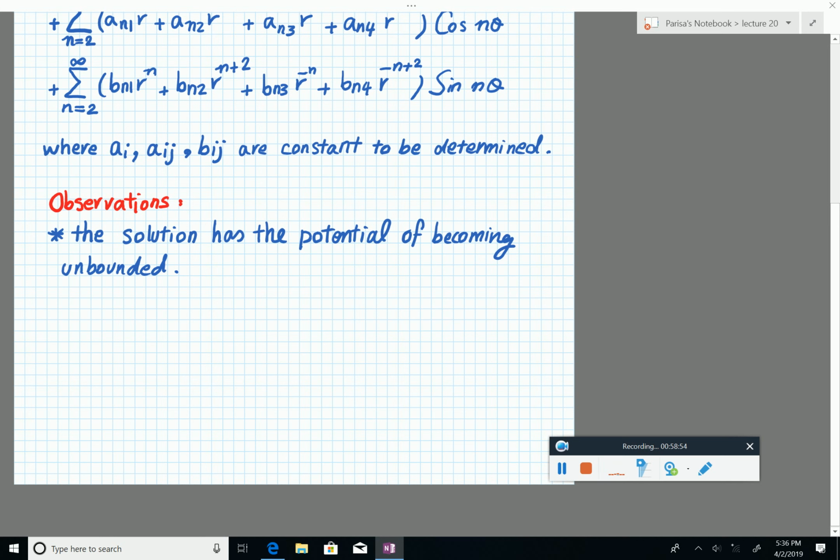It tells you that you have the possibility to have a solution where, if you start from here, it's okay that it depends on theta, but if you go around and go back here, at the same point, you are going to get a different value potentially.